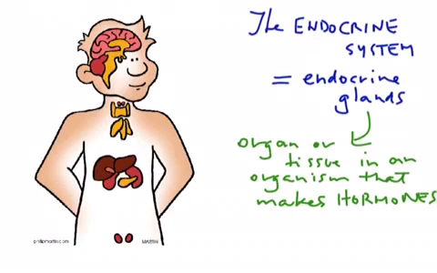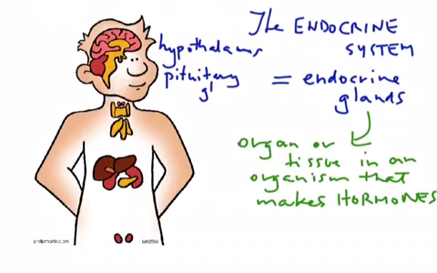So inside the brain there are a number of key glands, like the hypothalamus and the pituitary gland. You don't need to remember the names of all these organs, but it's worth just hearing them because they're very, very important in your everyday function. The hypothalamus is a very important endocrine gland. The pituitary gland in the brain is also another gland that makes hormones, very important ones.